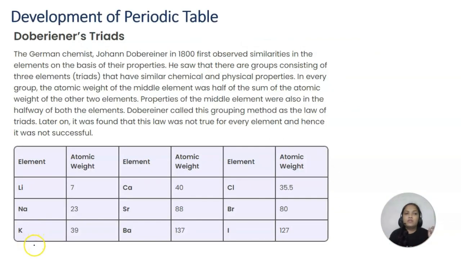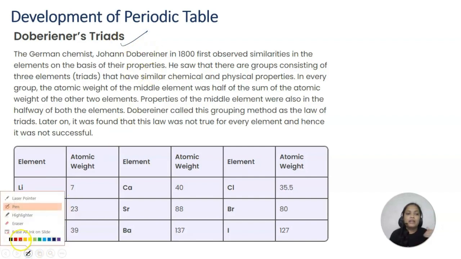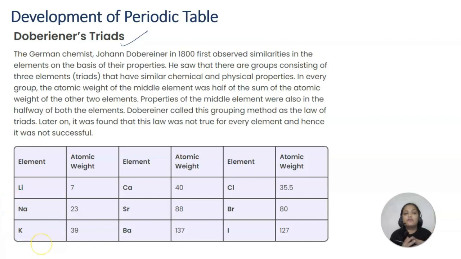The first one was Dobereiner's triad. Dobereiner was actually the first one who tried to classify the elements. He was the first one who took the step in this journey. He observed some similarities in the properties of the elements.